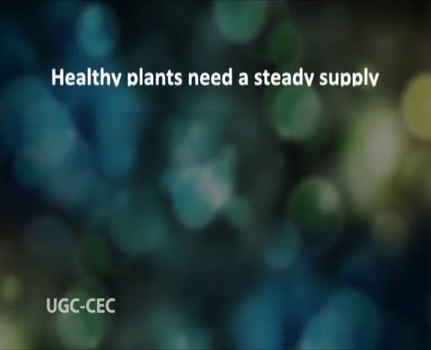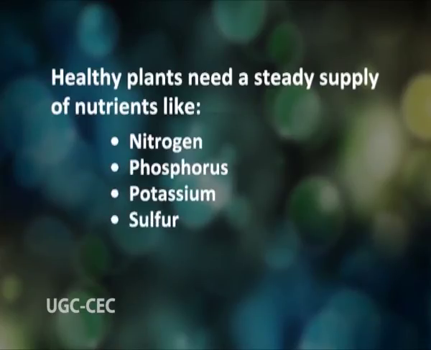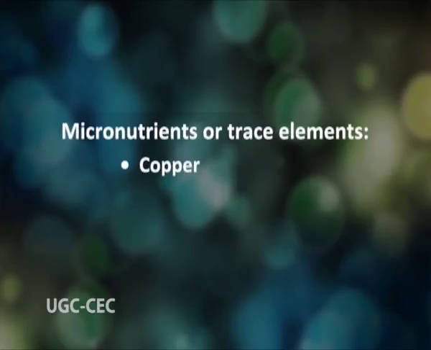For plants to be healthy, they need a steady supply of nutrients from the soil. Nitrogen, phosphorus, potassium, sulfur, calcium and magnesium are required in relatively large quantities and hence are the macronutrients. Others are required in small quantities and form the micronutrients or trace elements. The examples are copper, zinc and manganese.